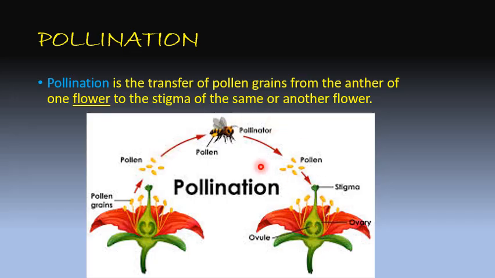It might also be transferred to the stigma of the same flower, or to another flower. This process is called pollination. I hope you are clear now, children. I already told you pollination might occur through insects or through the wind. This is a very important process in a flower. So the next process, let us study in detail now.